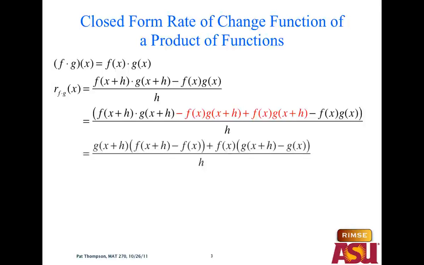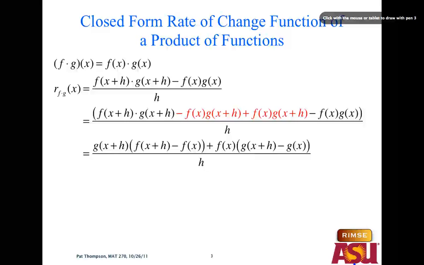It's pretty tight. So we're going to factor out the g of x plus h of the first two, and we're going to factor out the f of x of the second two, and that leaves, now we're starting to see the rate of change of f and the rate of change of g starting to form here. So, did you catch it?